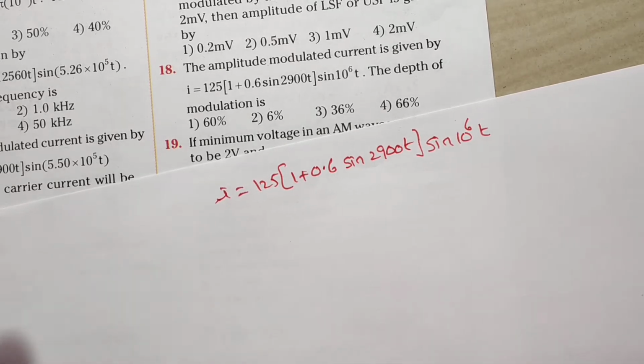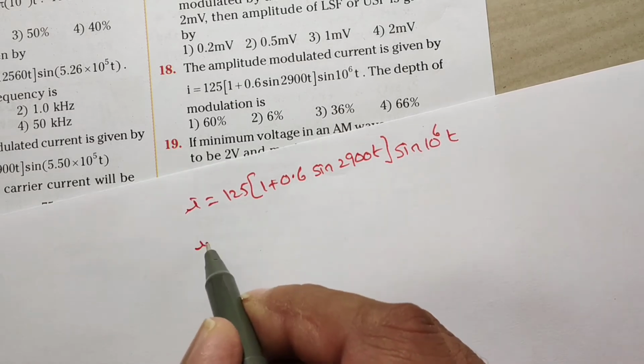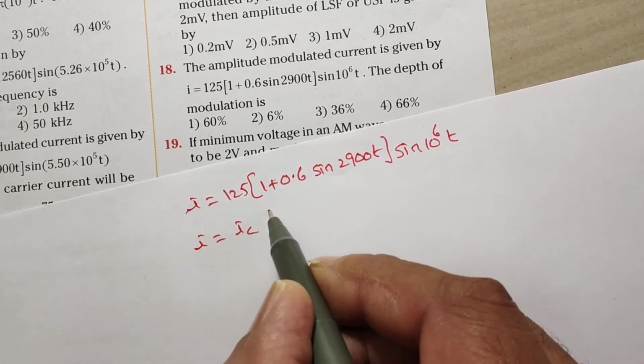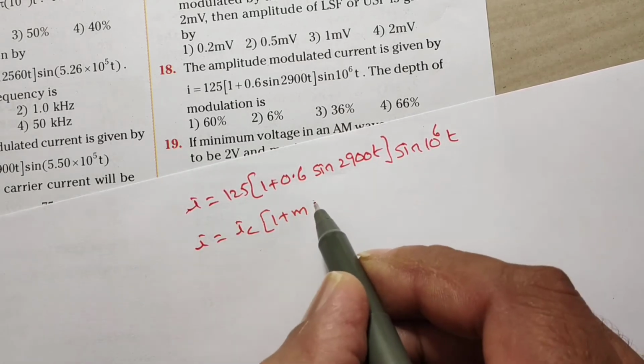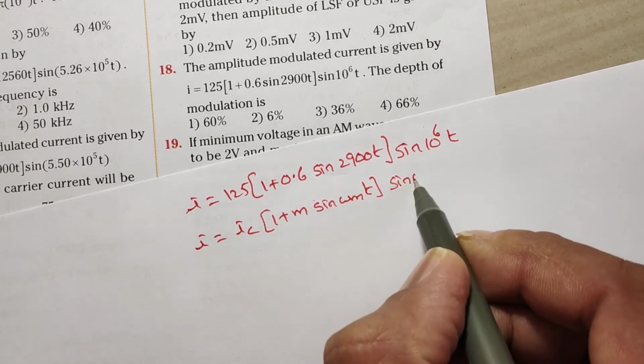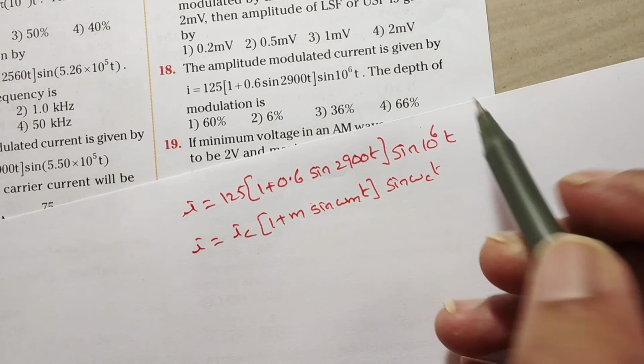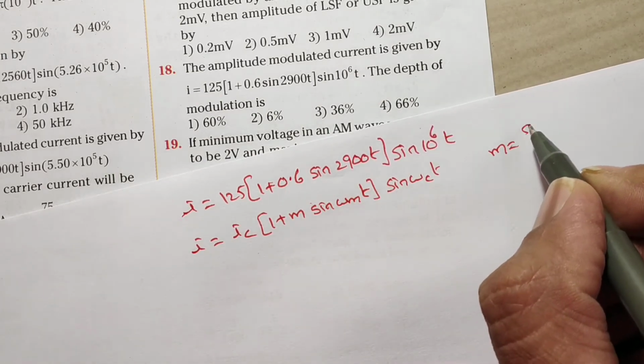Now we compare with the standard equation I is equal to IC into 1 plus m sine omega mt into sine omega ct, the modulated signal output. From here the question they have asked is the depth of the modulation, the m value.